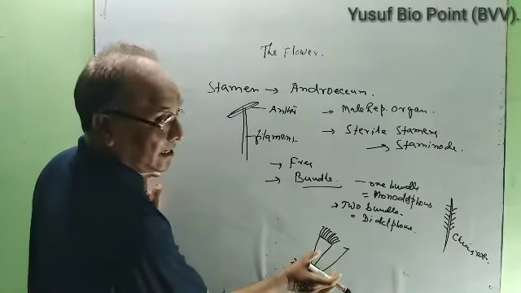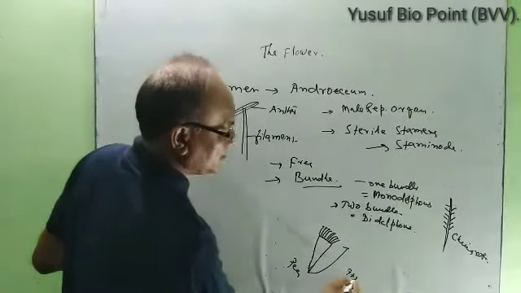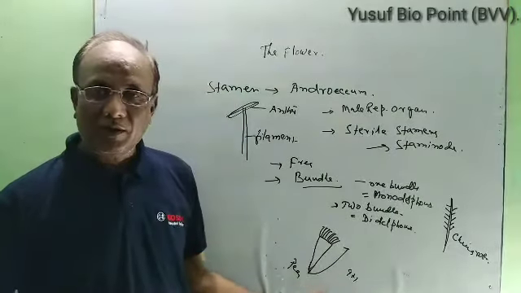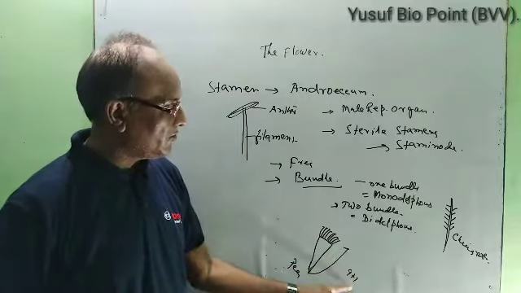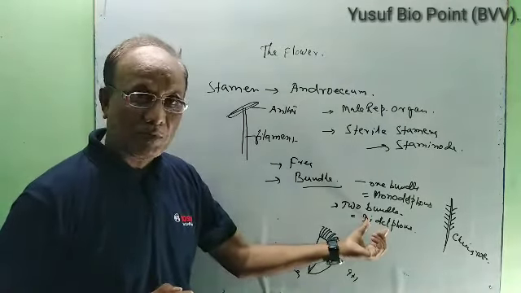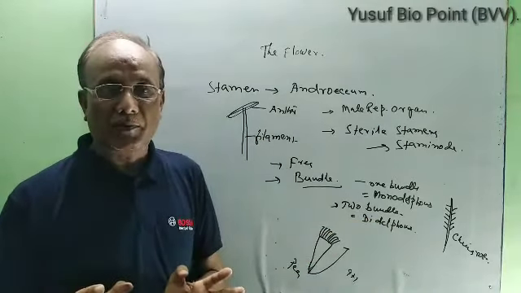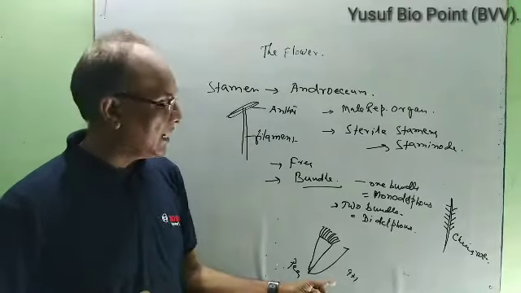Here you see that there are two bundles, 9 plus 1. Two bundles, one of 9 and the second of 1. So such a type of two bundles are called didelphous. जहाँ दो गुच्छों में पाया जाता हो, समझे, उसे डाइडेल्फस कहते हैं.